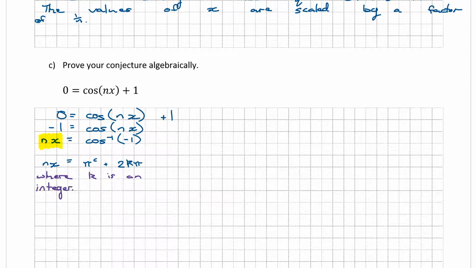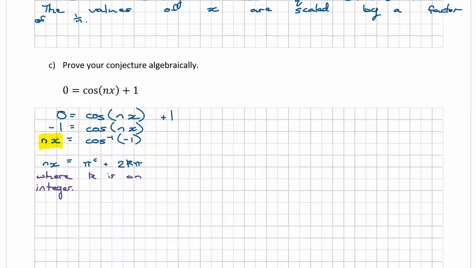So k is not going to be a half. It's not going to be a root of, say, the square root of 5 or a cube root of 7. It is going to be an integer, so 0, 1, 2, 3, or 0, -1, -2, -3. It's going to be a whole number, either positive or negative, and therefore it is general enough to collect all of the possible solutions for n times x.